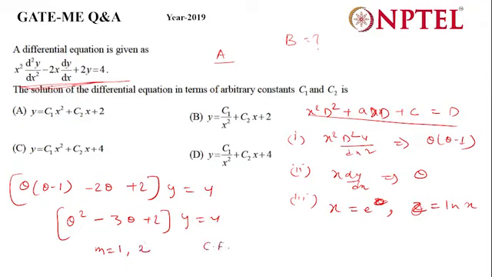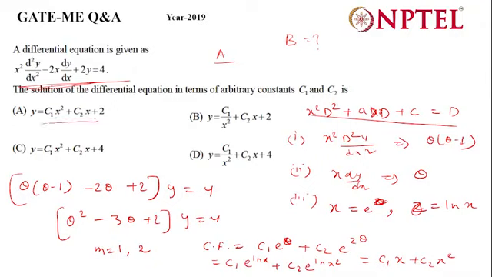So your complementary function will be c1 e to the power theta plus c2 e to the power 2 theta. Now we are going to put theta is equal to ln x. So your complementary function will be c1 e to the power ln x plus c2 e to the power ln x square. So your complementary function will be c1 x plus c2 x square. Okay, so in what options is it matching? Your option A could be correct, because it is c1 x square plus c2, as we have got.